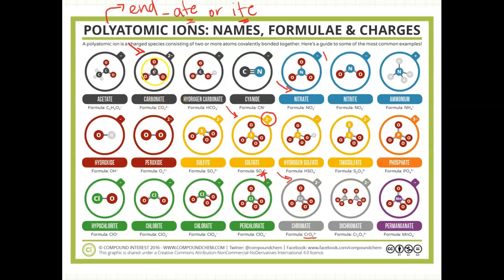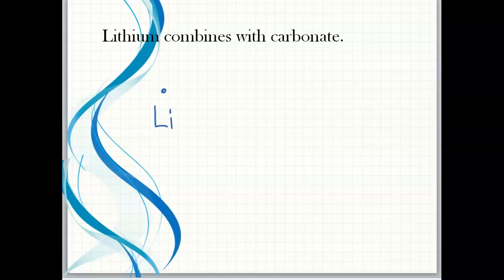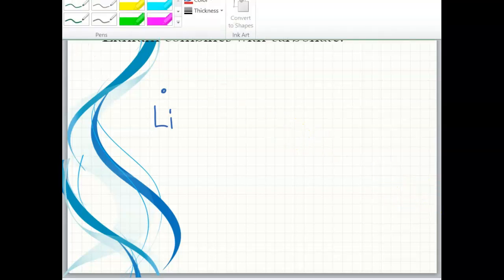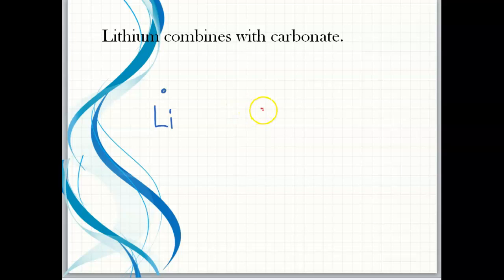It shows me that it's carbon with 3 oxygens and it has a -2 charge. So let me write that down for myself. As you remember, it was carbon with 3 oxygens.